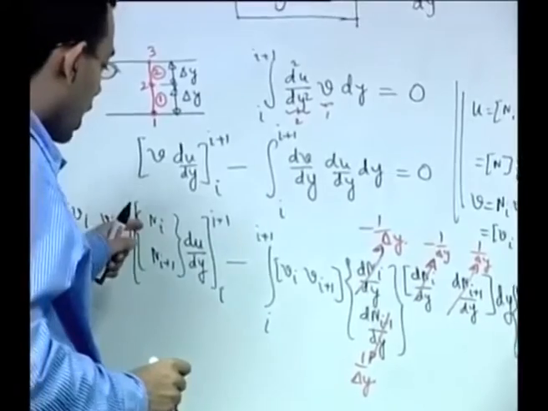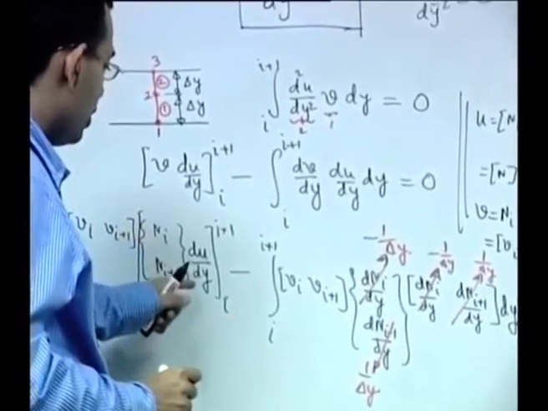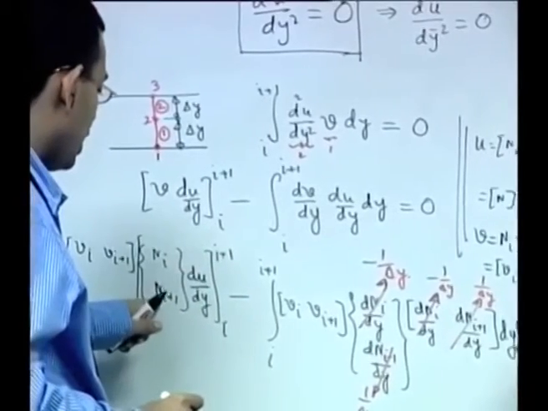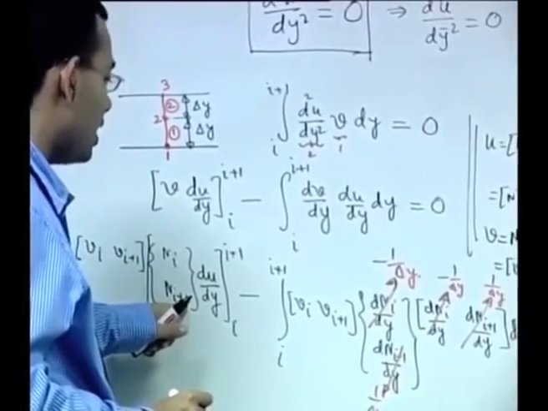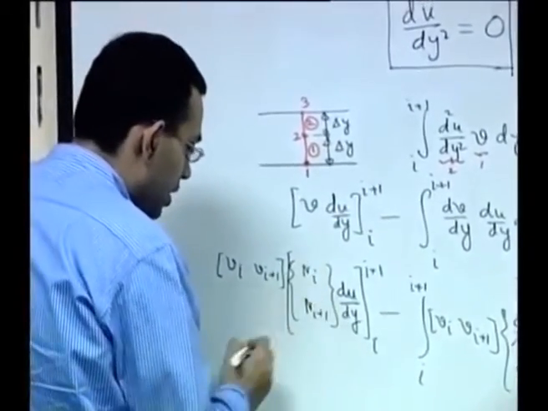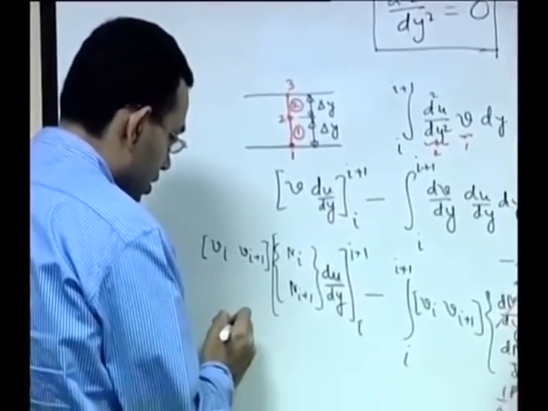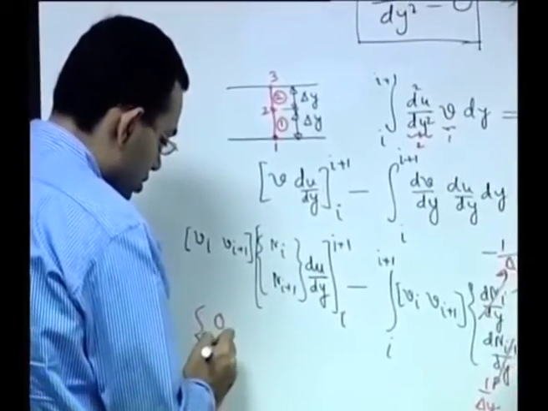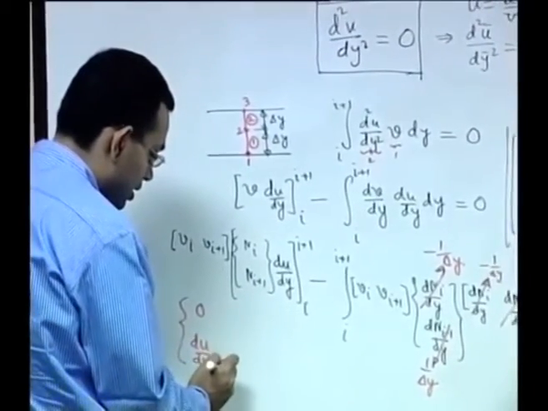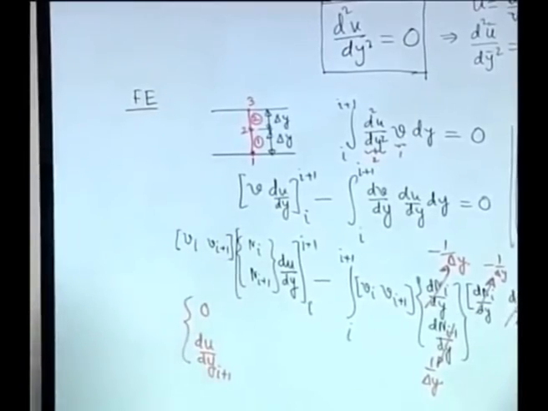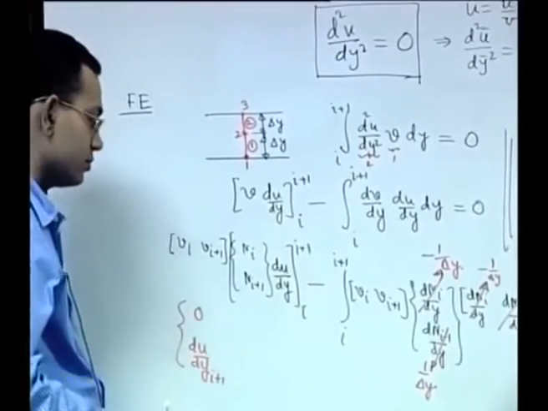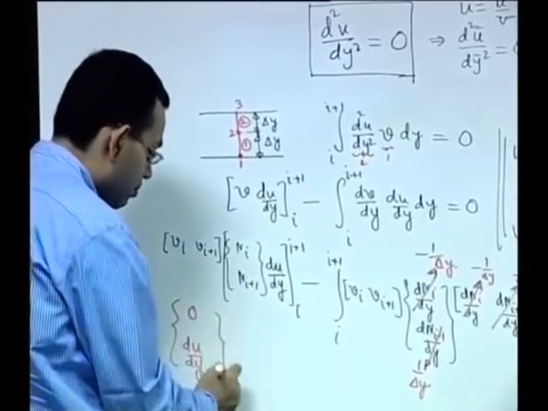Now, N_i into du/dy: what is N_i at i plus 1? 0. N_{i+1} at i plus 1 is 1. So the upper limit will become 0, 1 into du/dy at i plus 1, right, we are writing the upper limit, minus the lower limit.